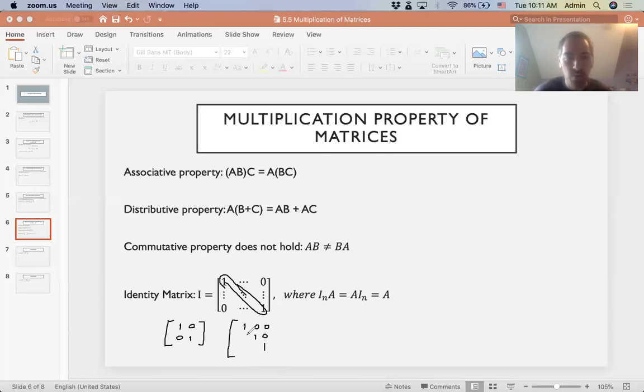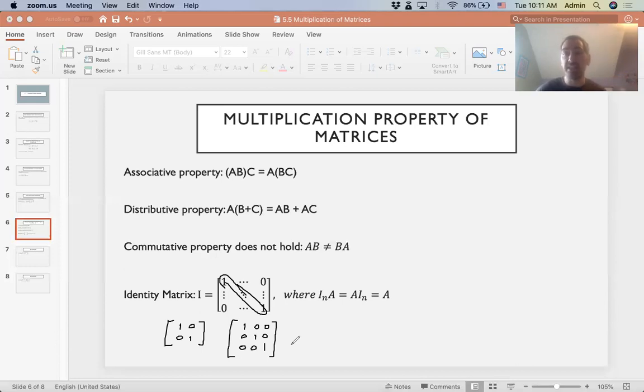Identity, meaning that if you were to multiply this identity matrix by any other matrix of the same size, then you would get the same matrix. Multiplying by the identity does not change the matrix that is being multiplied, right?